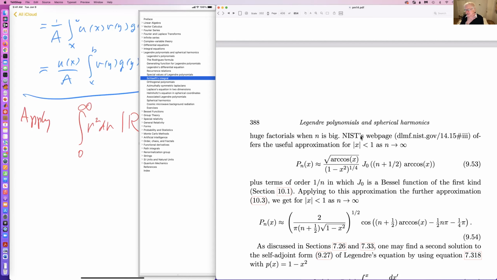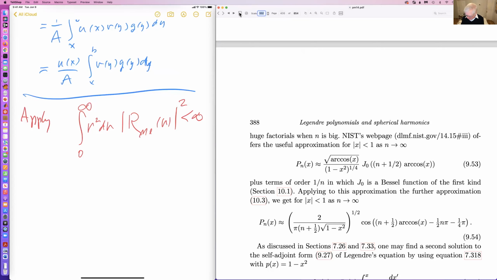Another go-to place is the Particle Data Group. That's at Berkeley, and they have all kinds of information about particle physics, and NIST has a great deal of information about engineering, science, and mathematics, especially applied mathematics.